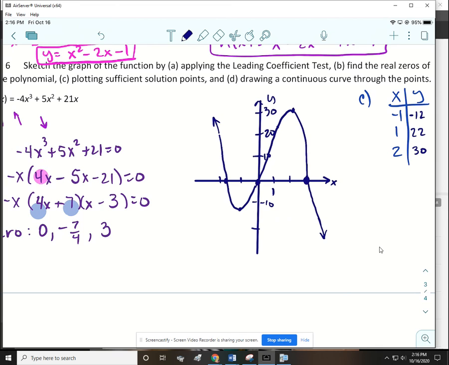Boom. Now, that's not the most beautiful graph in the world, but you get the idea. We do want to make sure that our functions are continuous because these are polynomial functions, and they have smooth, rounded turns, which this one does. It's not perfect, but these should not have pointy corners, sharp edges.